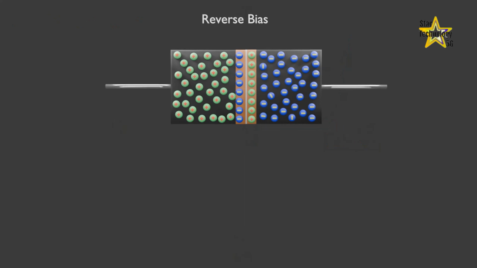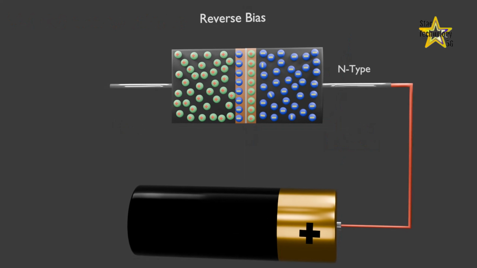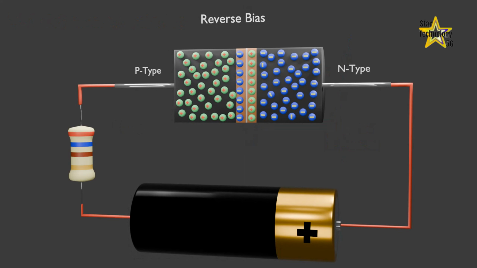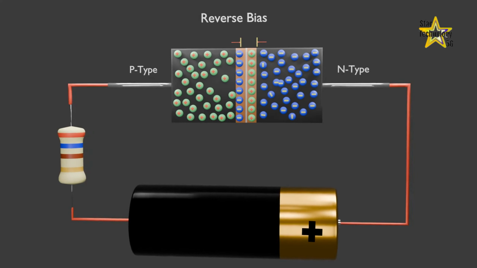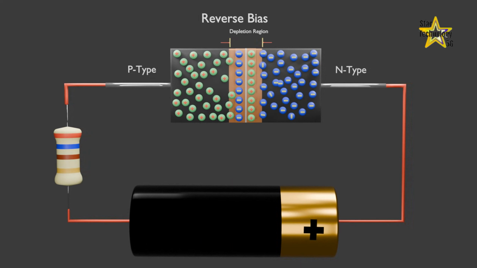Reverse bias. When the N-type semiconductor material is connected to the positive terminal of a battery and the P-type semiconductor material is connected to the negative terminal of the battery. This condition is called reverse bias. Because the P-type material is now connected to the negative terminal of the power supply, the holes in the P-type material are pulled away from the junction, causing the width of the depletion zone to increase.